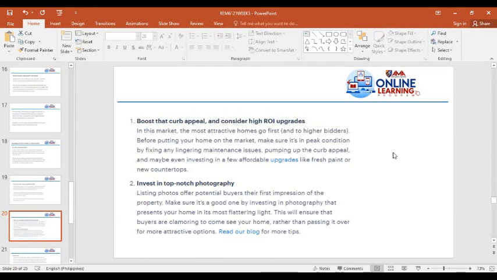This will ensure that buyers are clamoring to come see your home rather than passing it over for more attractive options. Like what we see on social media, the properties being sold.